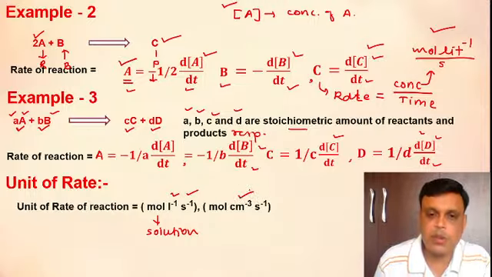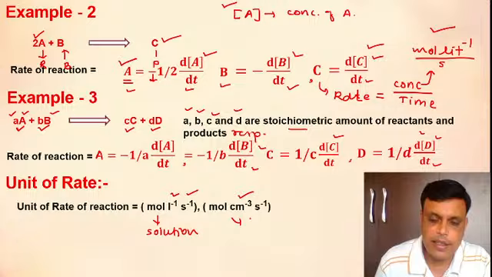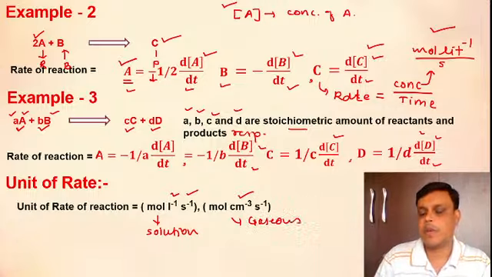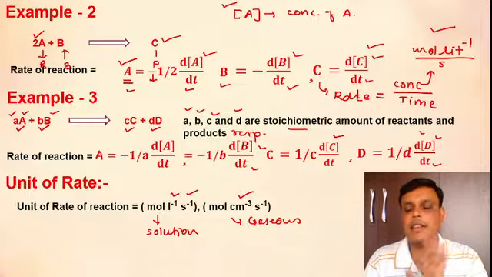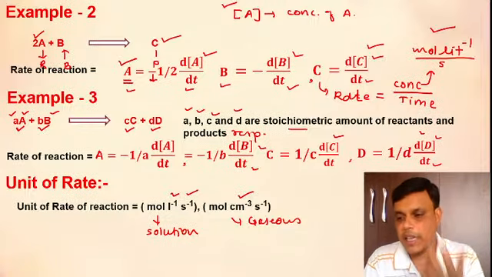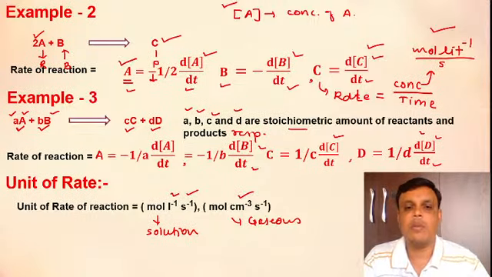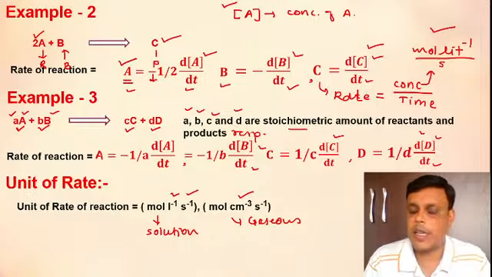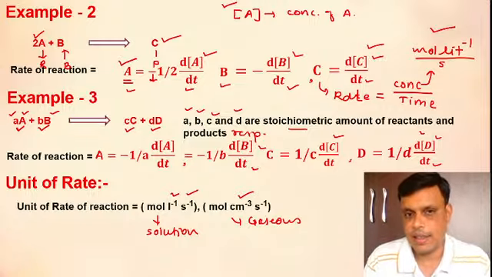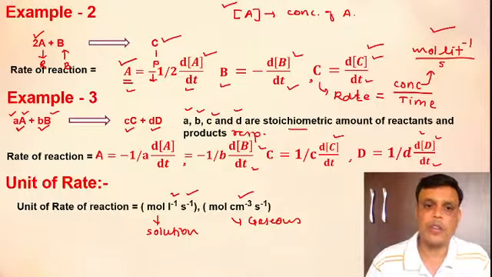Centimeter cube is used when the reaction takes place in gaseous state, and moles per liter, liter means it is a unit of liquid, a unit of solution. So you use moles per liter per second when the reaction takes place in solution state, and moles per centimeter cube per second when the reaction takes place in gaseous state. So these are the units of rate.